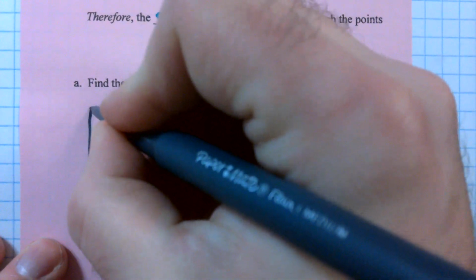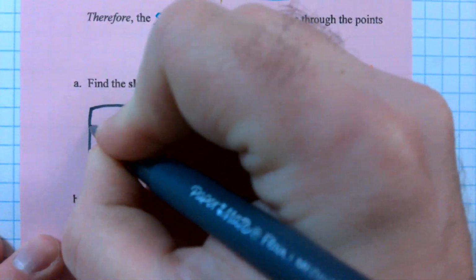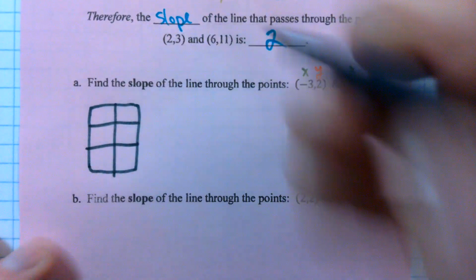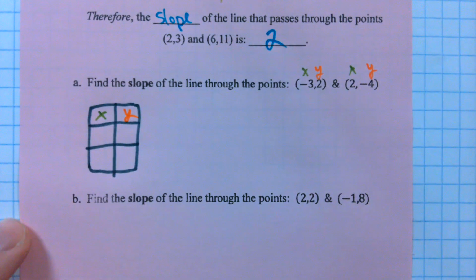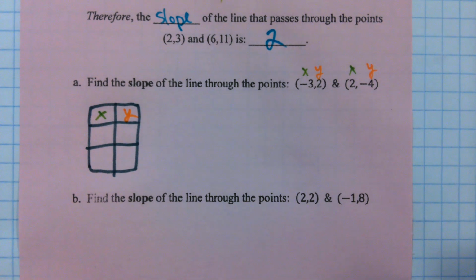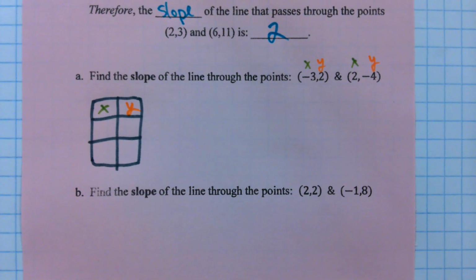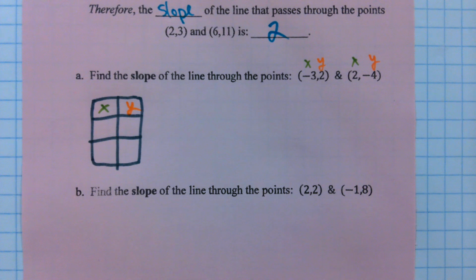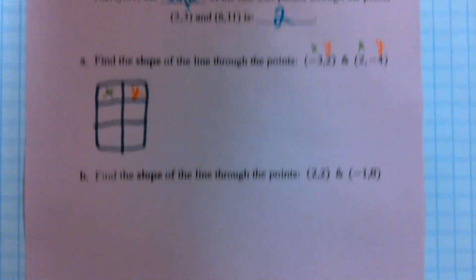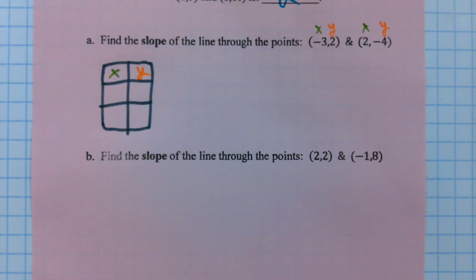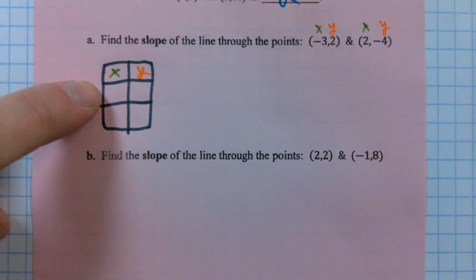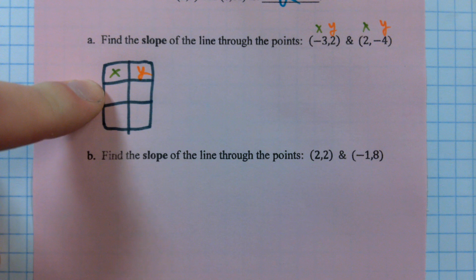I'm going to make a little table, just like that. My x and my y's. I'm going to drop this down. What am I going to put in this first little x box here?